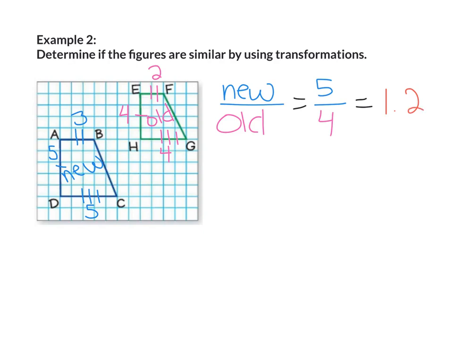Now I'm going to do that again for a different side length. So I'm going to take side length AB, which is 3, and divide it by side length EF, which is 2. 3 divided by 2 will give me 1.5. So these do not end up being the same.